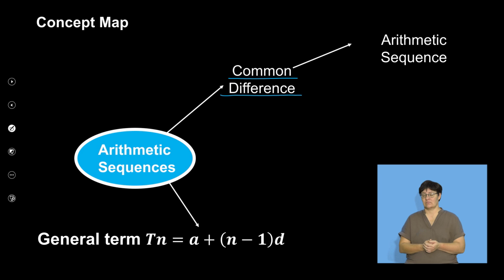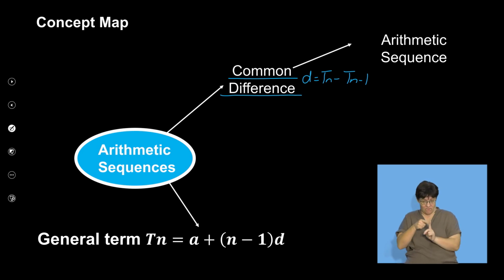So, we discussed that the common difference can be written as Tn minus Tn minus 1, because the value of a term minus the value of the term that comes before it is the common difference.